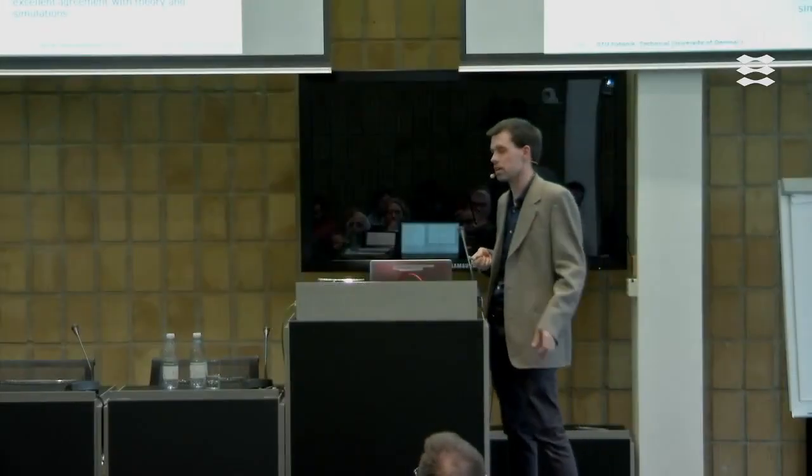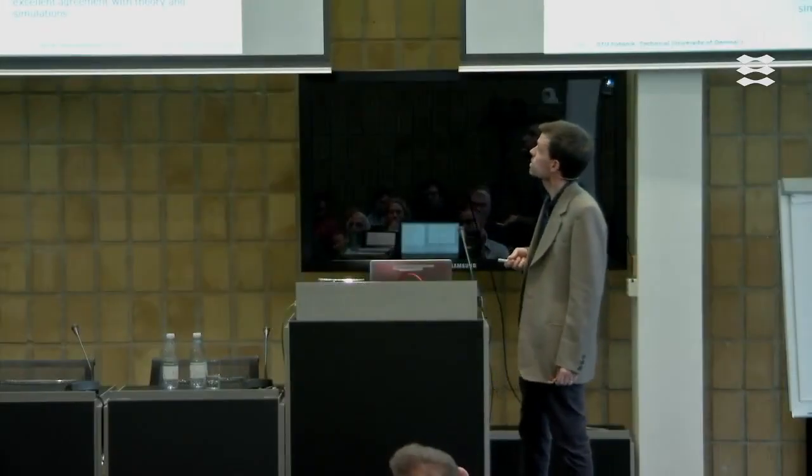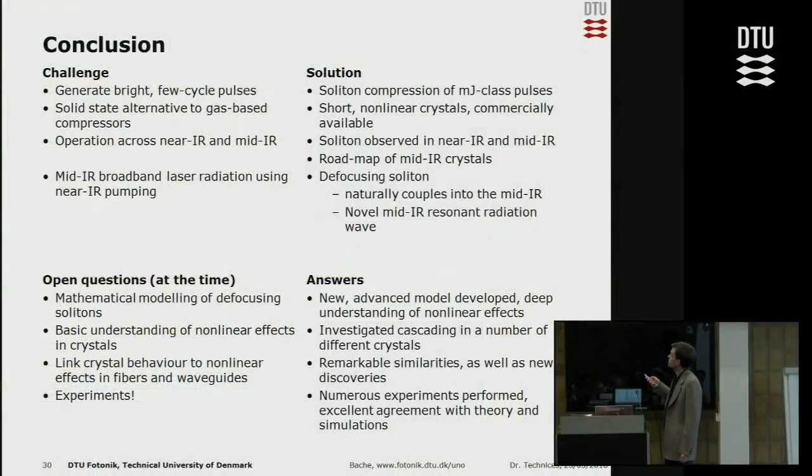This could be done even with millijoule-class pulses. And we were doing this in crystals that are short, compact, and solid-state based, an alternative to the gas-based compressors. We made a roadmap of near-IR and mid-IR crystals that could be used. And we also found a way of generating mid-infrared broadband radiation simply by pumping it with a near-infrared laser.